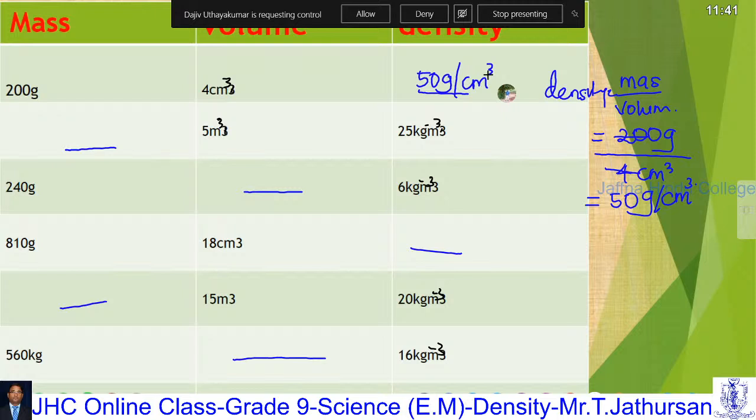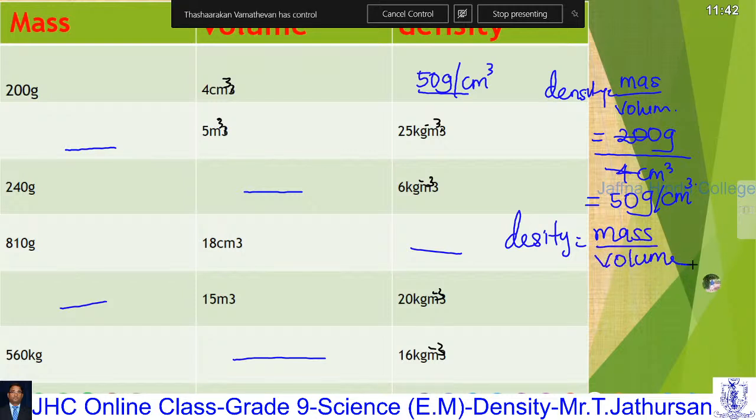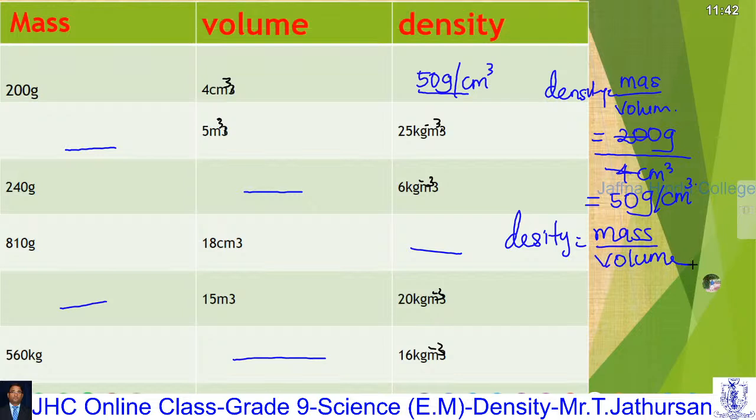Second question: density equals mass over volume. Right. The density is 25 kilogram per meter cube, equal to mass over volume 5 meter cube. You have to find the mass.